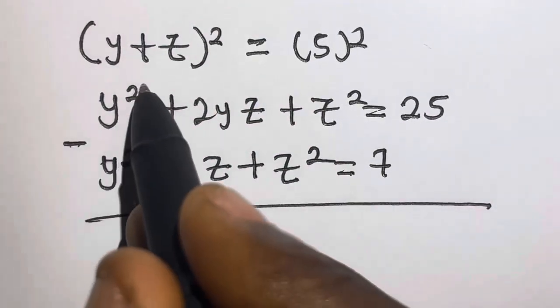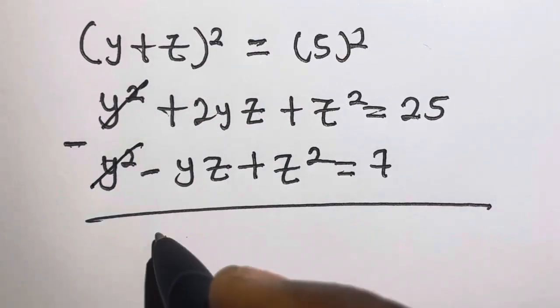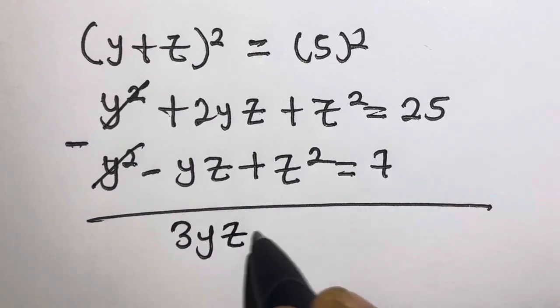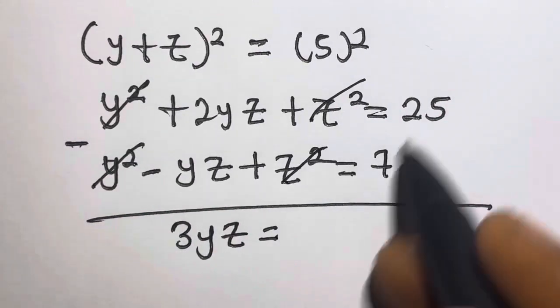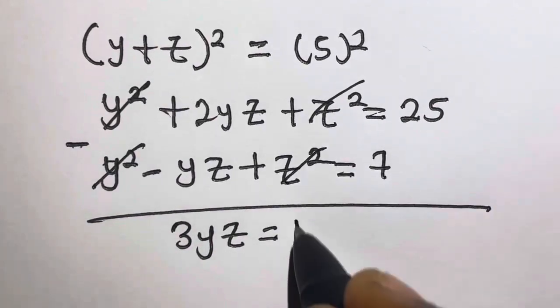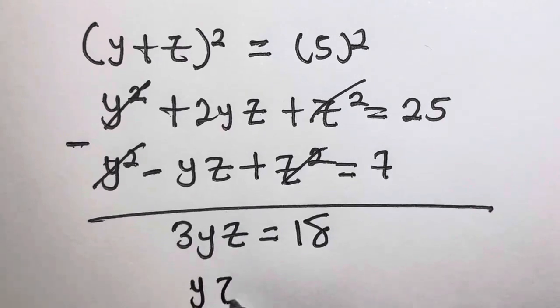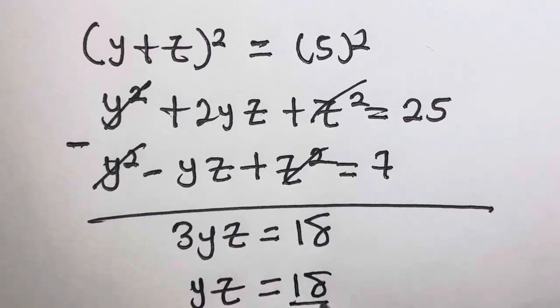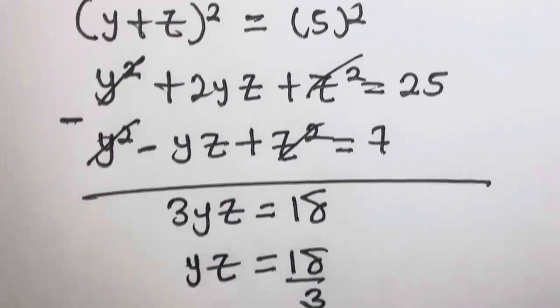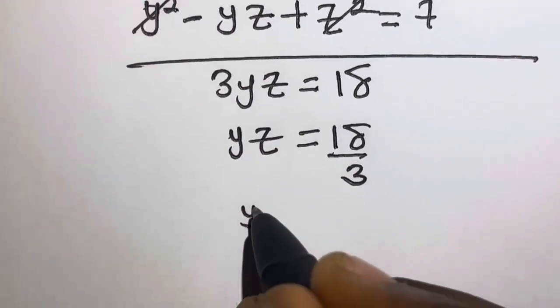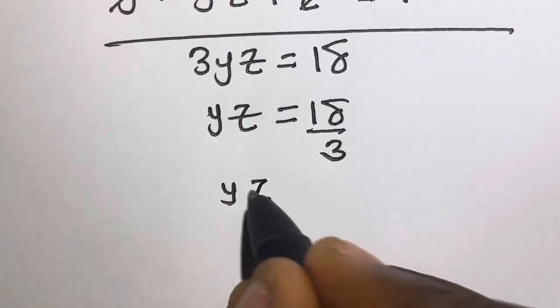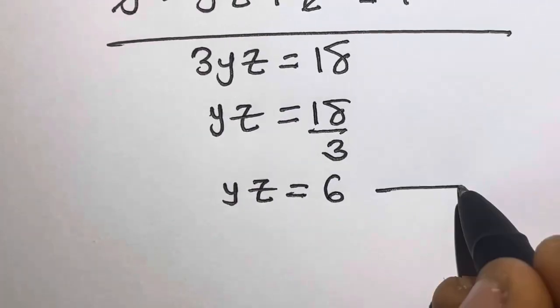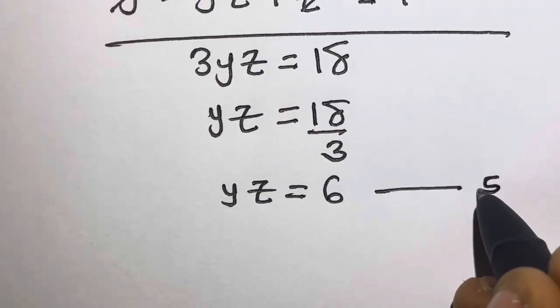If you do, we know that y square will cancel y square, and 2yz minus yz becomes 3yz, because z square will also cancel z square. So we have 25 minus 7, and that will give us 18. So we have yz equals 18 divided by 3, and we have our yz to be equal to 6. Let's number this equation 5.